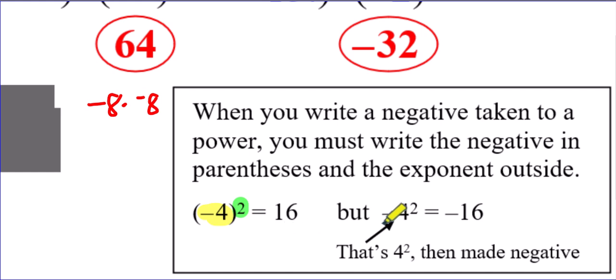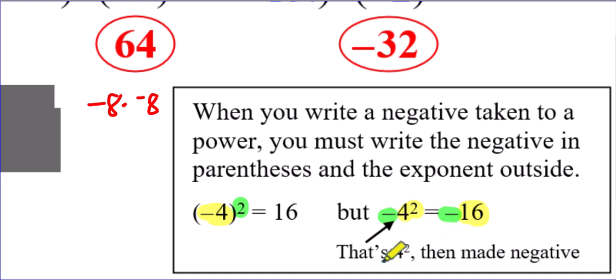You're like, why do I need the parentheses? Here's why. If you don't have parentheses, order of operations would actually have you do the 4 to the second first, which would be 16, and then the negative would be brought down onto that final answer.